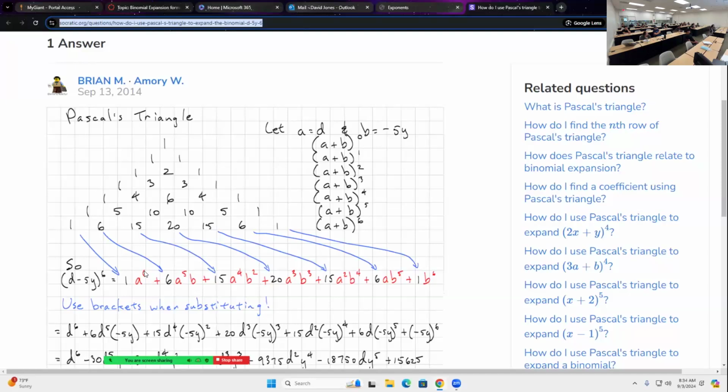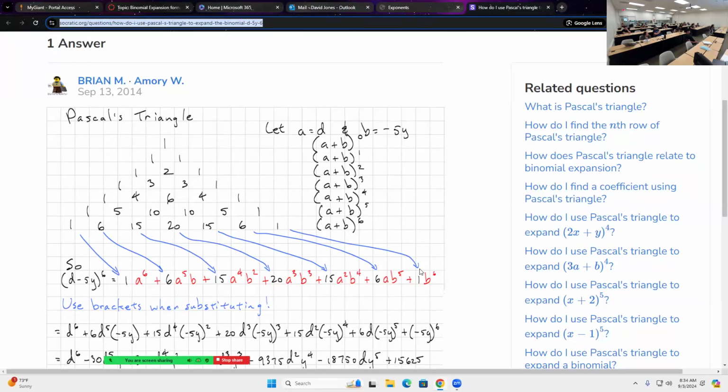You'll notice a goes 6, 5, 4, 3, 2, 1, 0. And b to the 0 is here. You don't see it because anything to the 0 is 1. B to the 0, b to the 1st, 2nd, 3rd, 4th, 5th, and 6th. Nice simple pattern where a goes down a power, b goes up a power, and the coefficients that go in front come from this triangle.